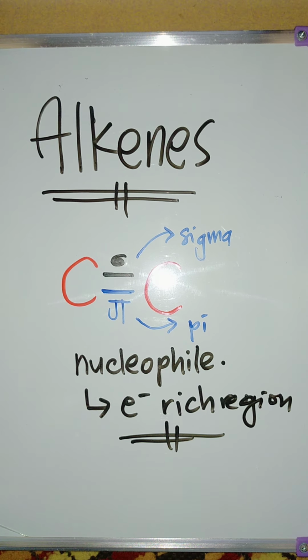So in terms of solubility, as I mentioned earlier, alkene is relatively non-polar or weakly polar. So it is insoluble in water but soluble in non-polar solvents such as hexane, gasoline, halogenated solvent and ether. It is slightly more polar than alkane because it consists of a pi bond, so it has an electron rich region.